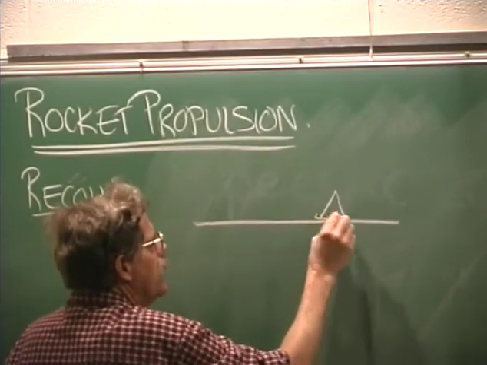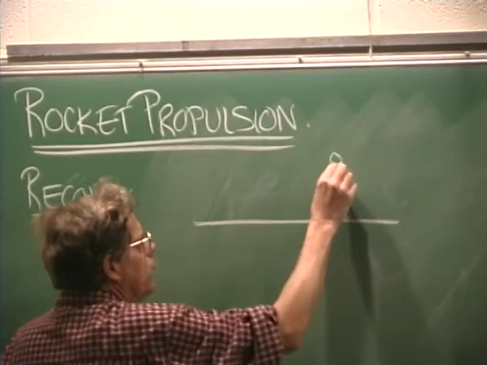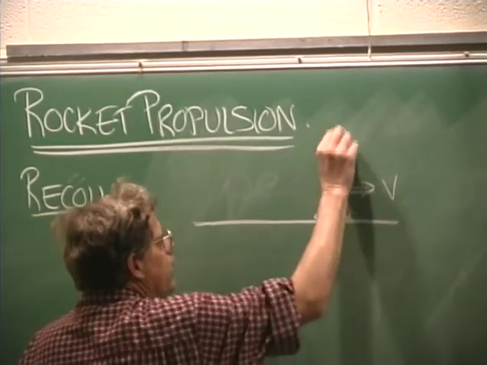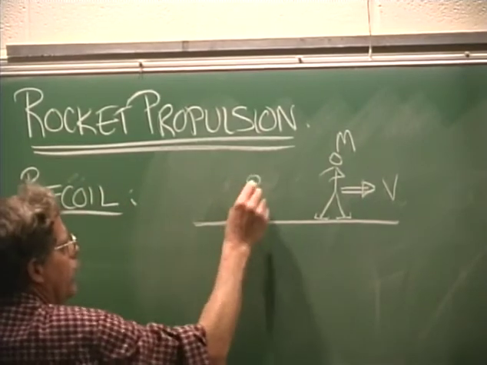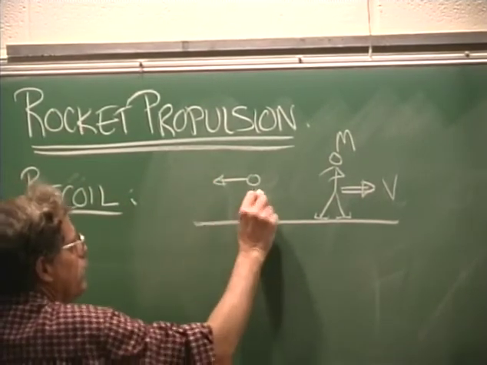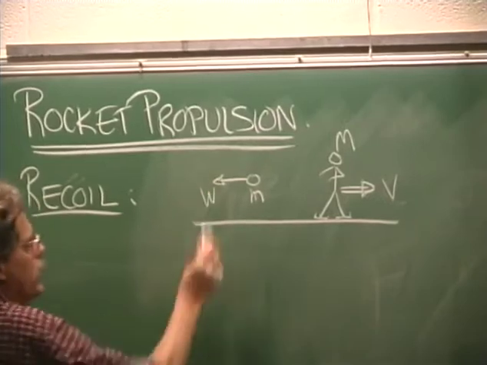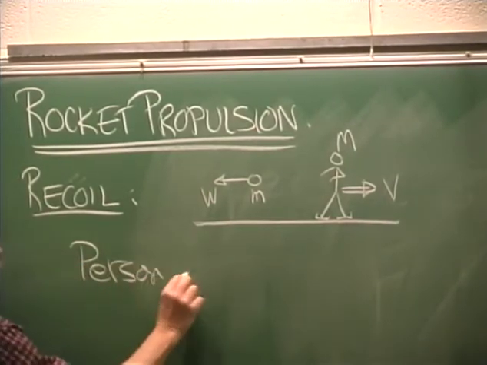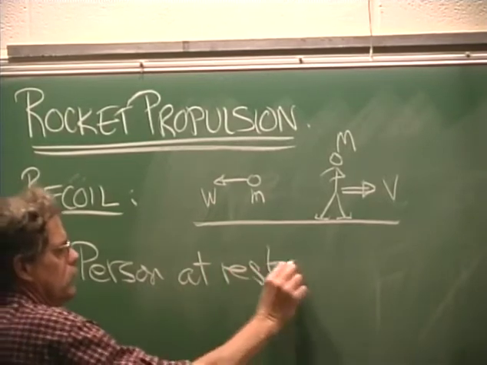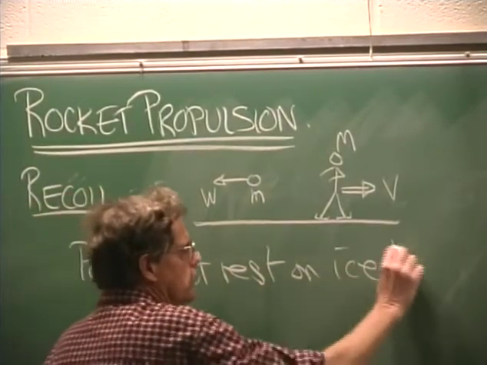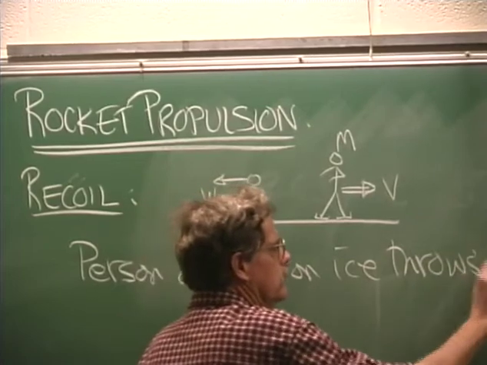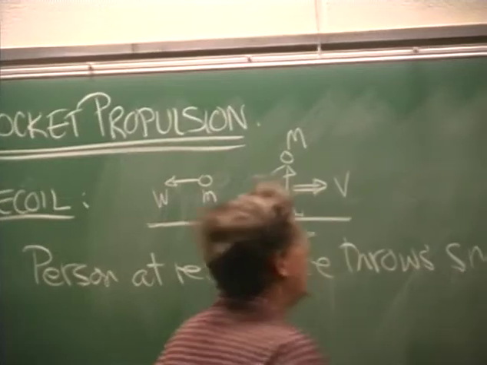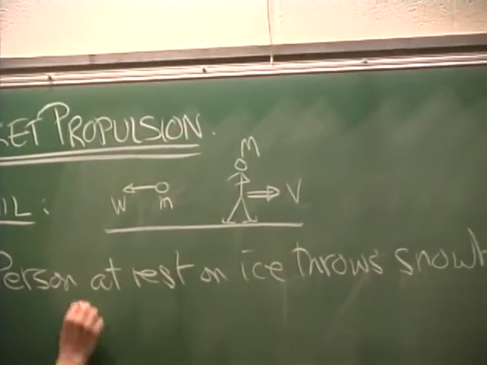The person on ice skates here, recoiling backward at speed v, and let's give them a mass M, after having thrown a snowball, which has mass little m, and it's going at speed w. So, question, what's the recoil speed?